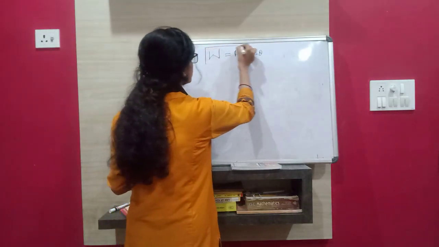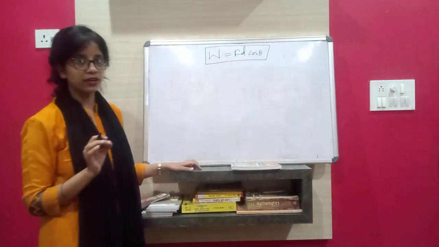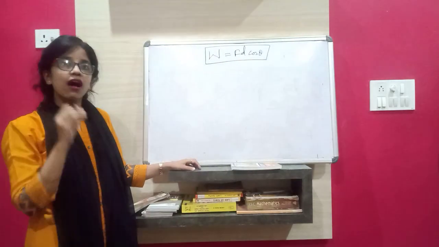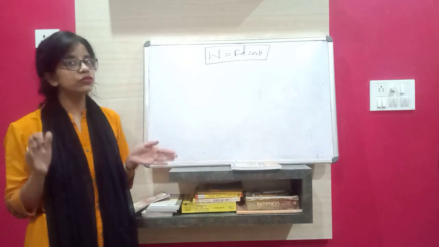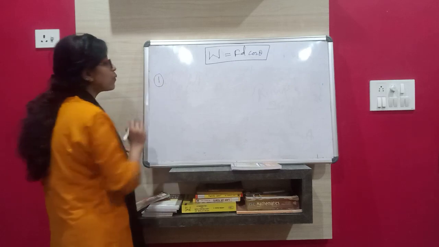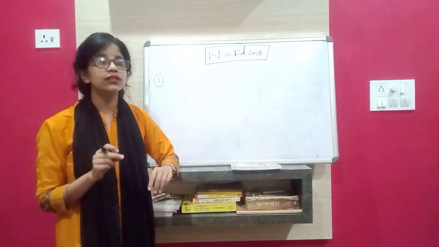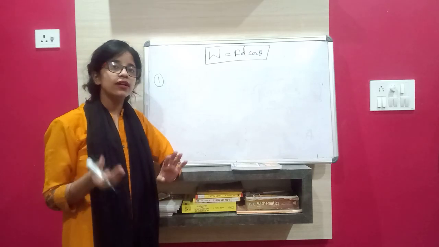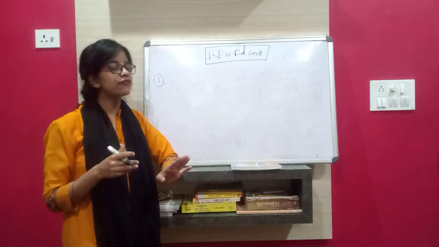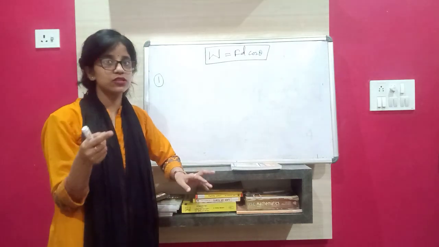Depending upon this mathematical definition, we can now categorize work done into three types. The first one is positive work done, second one is negative work done, and third one is zero work done. We have already seen the unit of work done, that is Newton meter, and the unit also is joule.